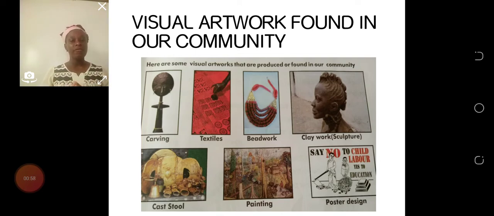We have the carving, the textile, the beadwork, the clay work, the metal or cast tool, painting, and poster design. Remember, we learned from the previous lessons that every artwork carries a meaning behind it.